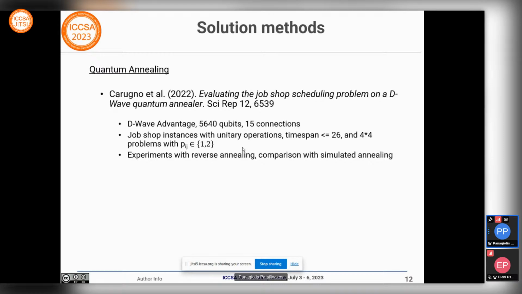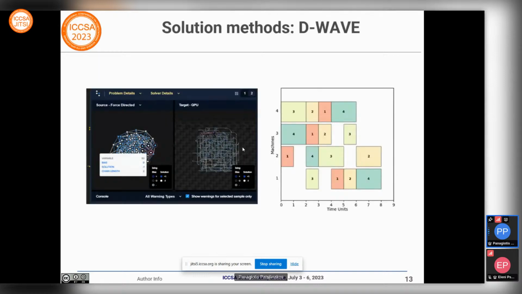More recently, we have Carugno et al., who used the most advanced machines from D-Wave, and they could solve that kind of problem with 4 jobs and 4 machines. And this is how it looks on the D-Wave interface.